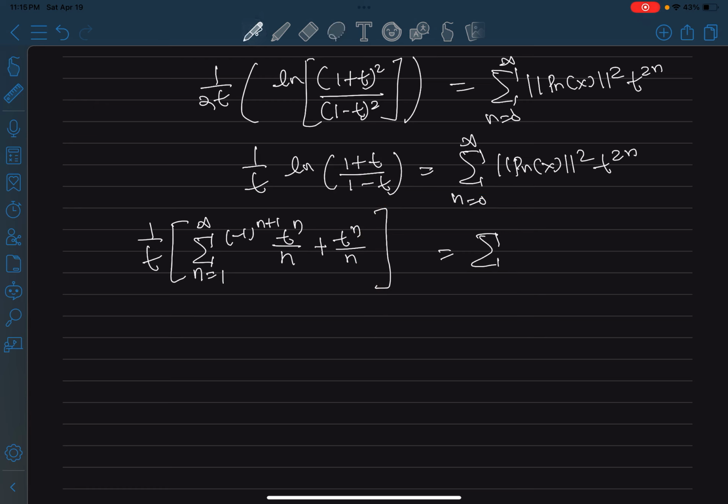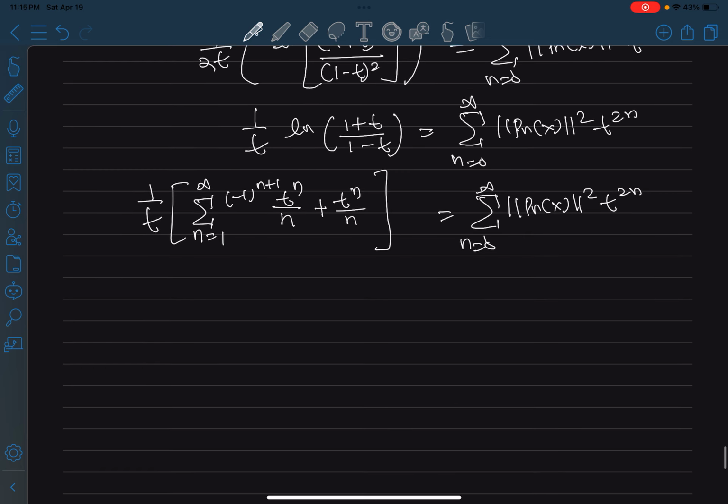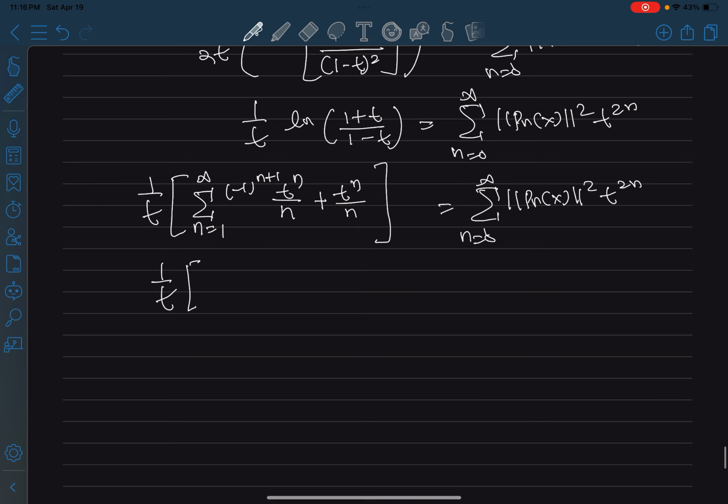Now the sum from n equals 0 to infinity of P_n(x) t to the power 2n. Notice that in this sum, when n is even, this index is odd, and that makes them cancel out, right?